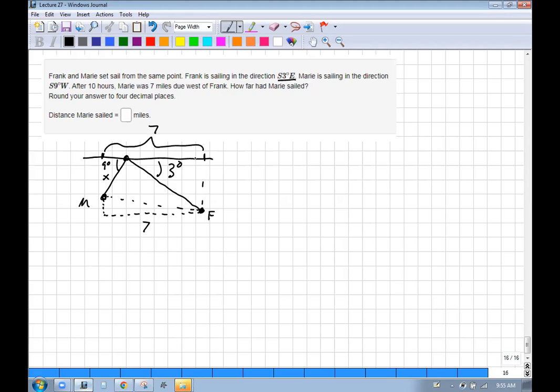From here to here is 7. Okay. What else could we figure out? We could figure out this angle. So all the way from here to here is 180. So if we subtract 12, 180 minus 12 would be 168.